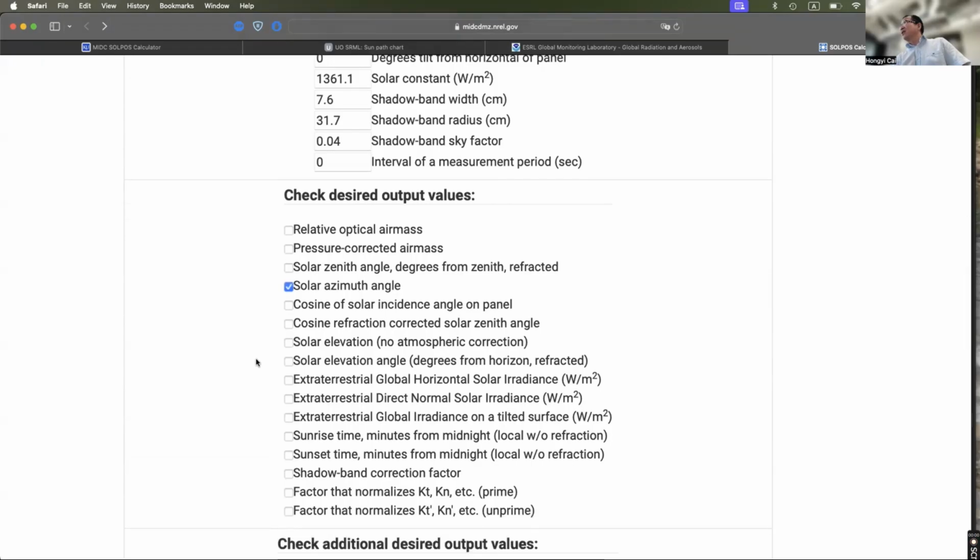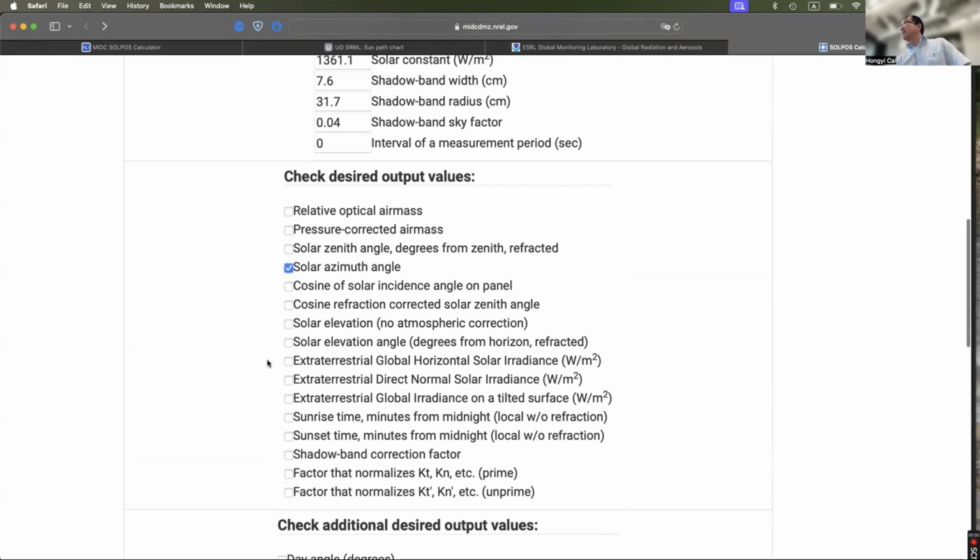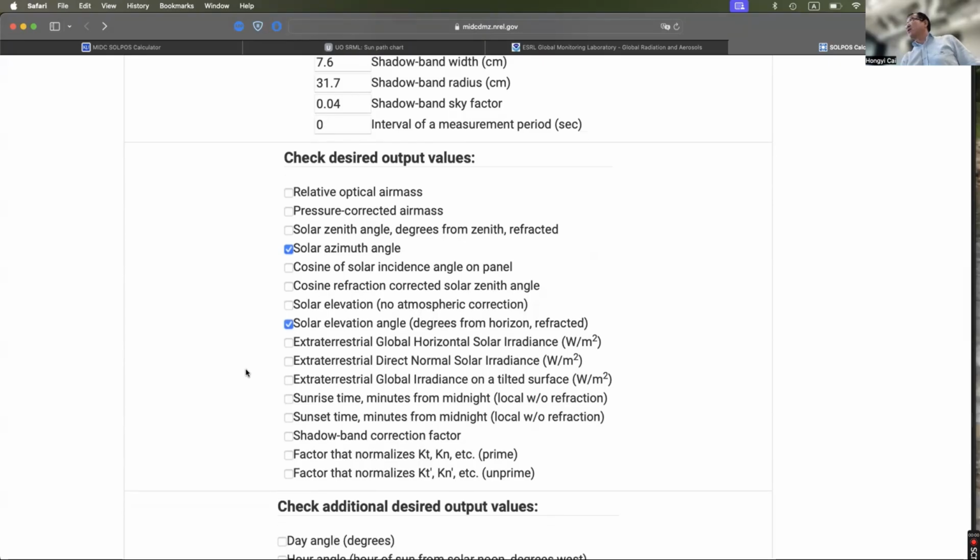And we also need to have the altitude angle. Where is the altitude angle? Yeah, elevation angle. Sometimes it's called altitude, sometimes it's called elevation angle. It's actually the same, just different terms. We just care about the solar elevation angle.